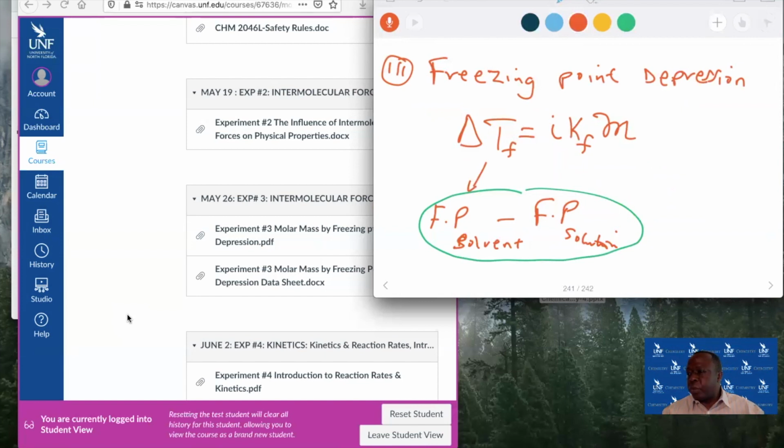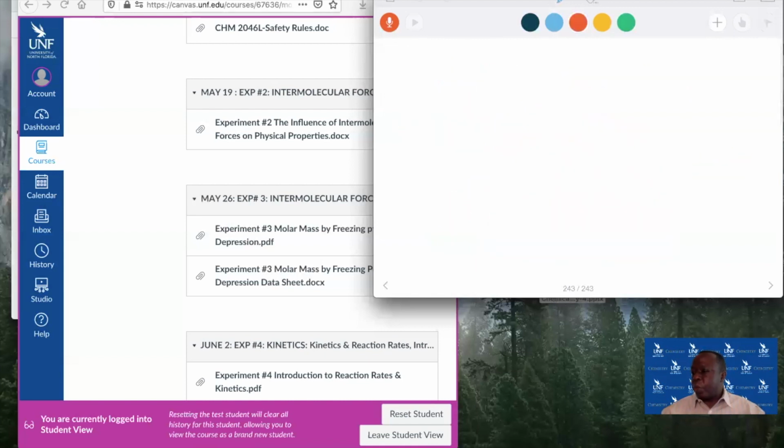From this equation, we have to make m the subject of the formula, which means the molality equals the change in freezing point over i times the molal freezing point constant. The question where I'm taking you is how we move from molality to the molar mass of a compound.